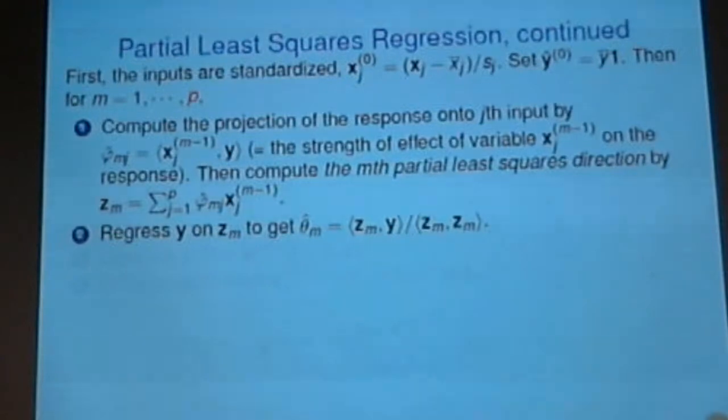Then after that, it regresses y on Z_m. At each step, this Z_m is a linear combination of the input variables. So at each step, you regress y on the linear combination of the input variables and get an estimate of the coefficient using this information.